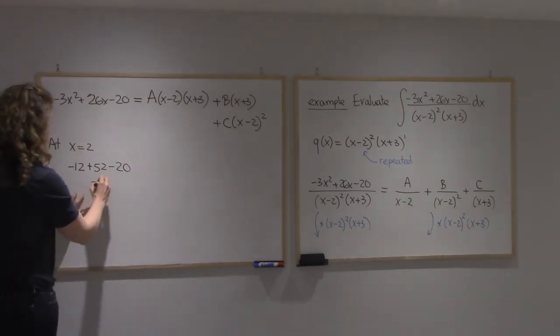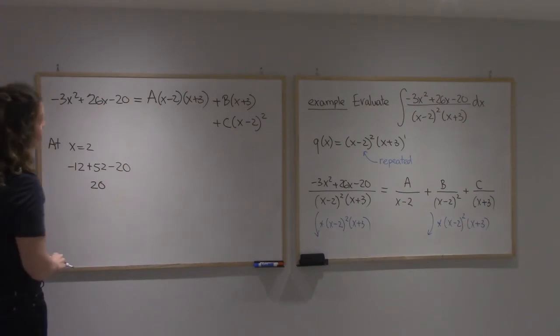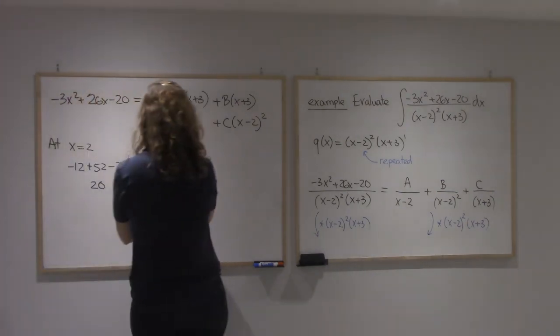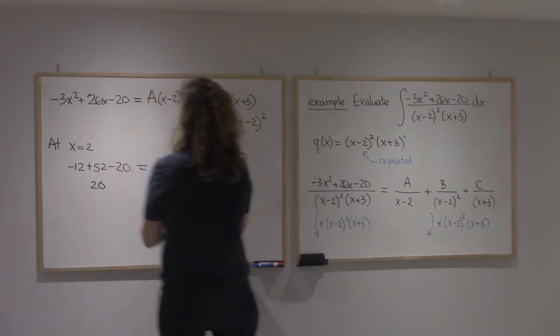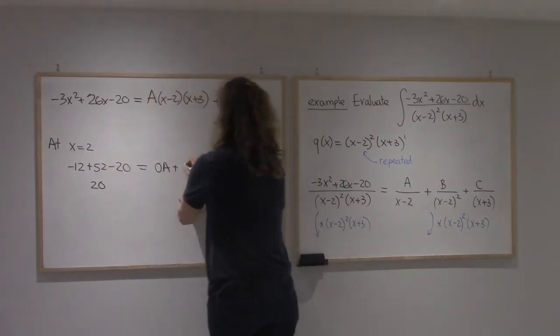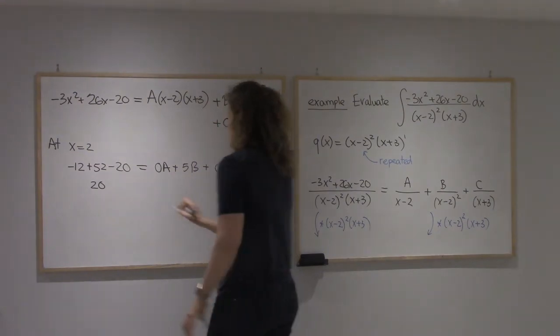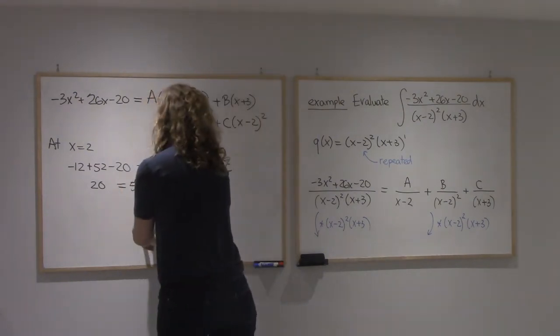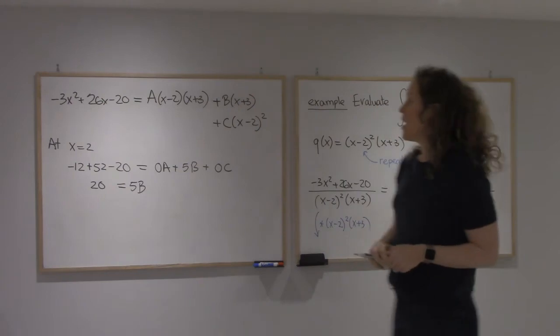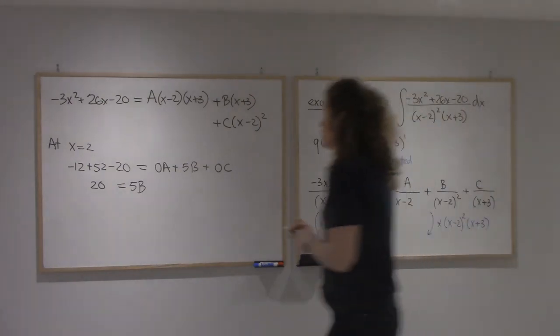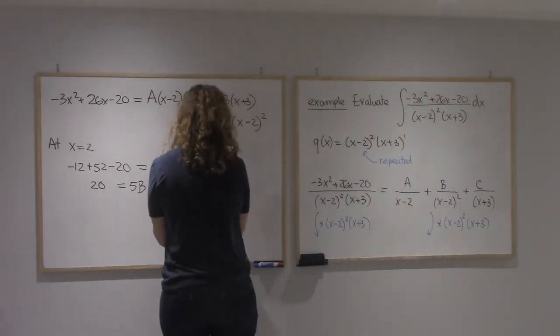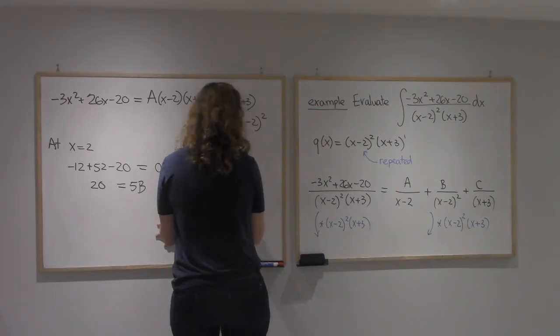So that's 20. That's going to give me 0a plus 5b plus 0c. So I'll get that 20 is equal to 5b, and then if I solve for b, I'll get that b equals 4.